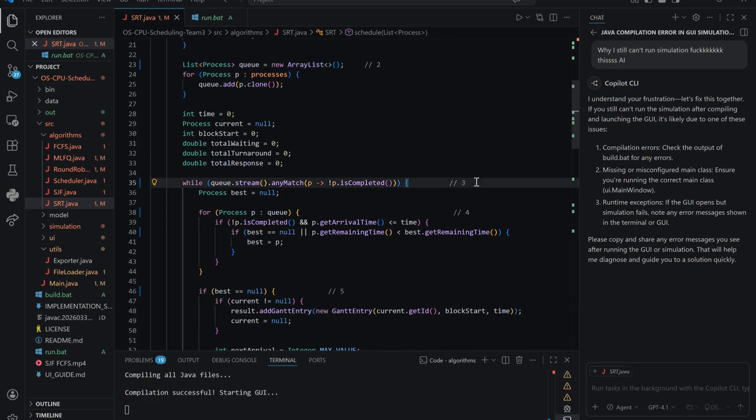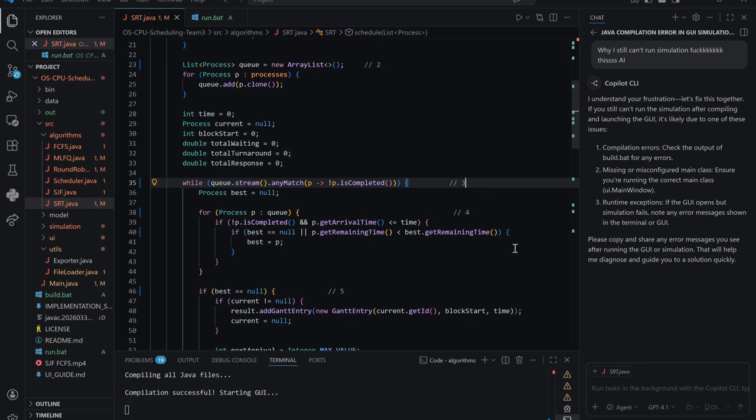This one is also a key idea, which is the heart of the code. While the queue is not equal to the completed processes, it means that the algorithm runs time step by time step until all processes are finished.